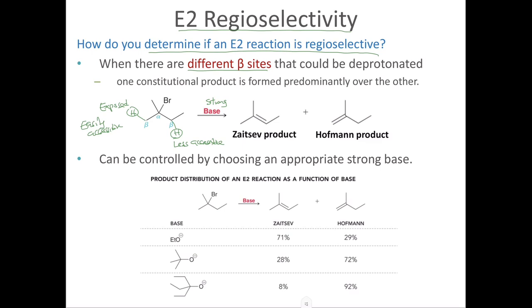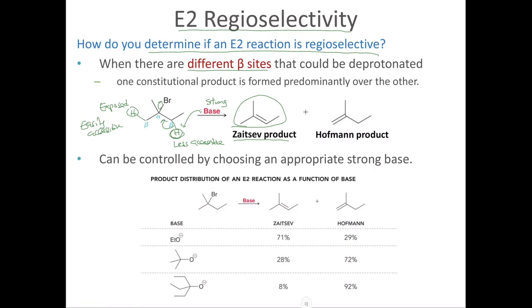If we remove a proton from the less accessible position, so if we use this base to remove that proton, the electrons go there and we remove the leaving group, so we end up forming a more stable alkene, the one that's more substituted. In this case, we call it a Zaitsev product.